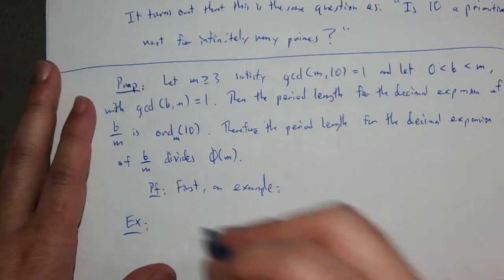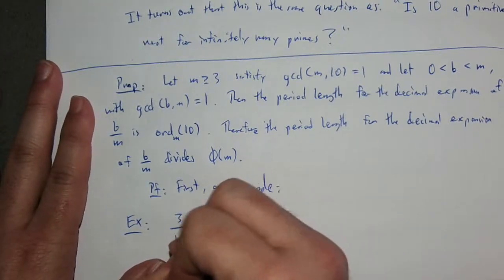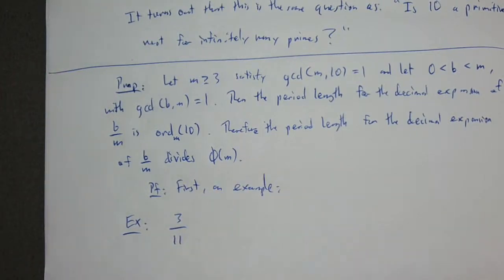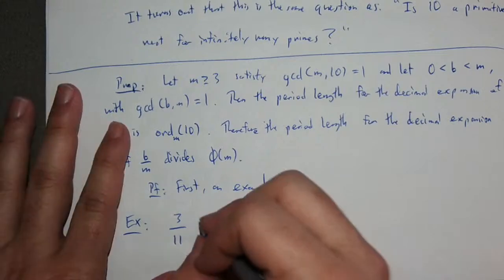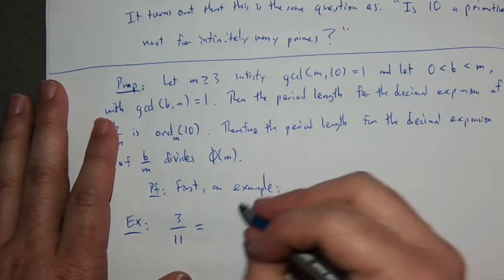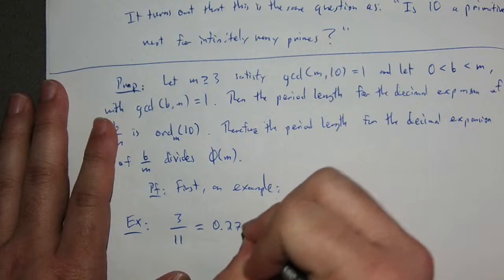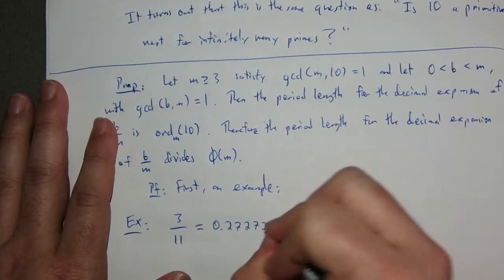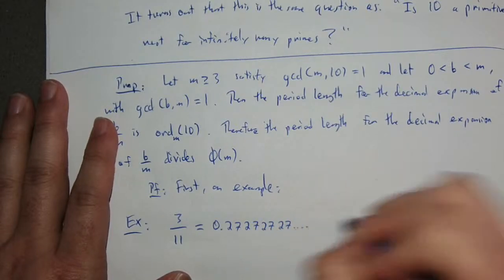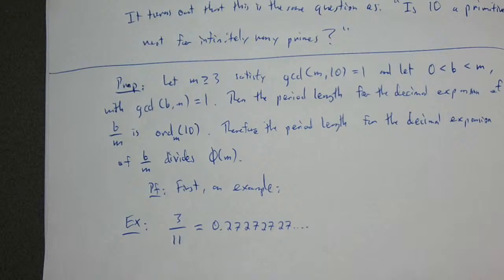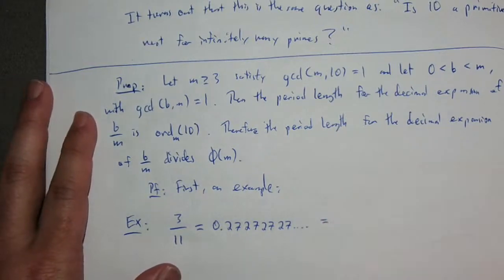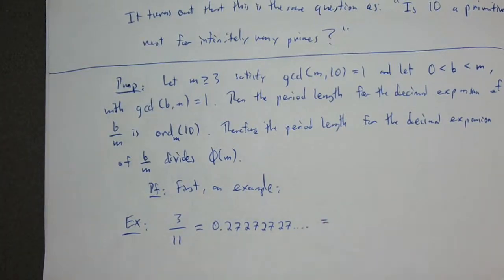Let's say you have 3 over 11. Okay, so 3 over 11, its decimal expansion is 0.27, 27, 27, 27, and so on. Okay. All right, but there's a way to rewrite this that allows us to make use of the fact that we know how to sum a geometric series.